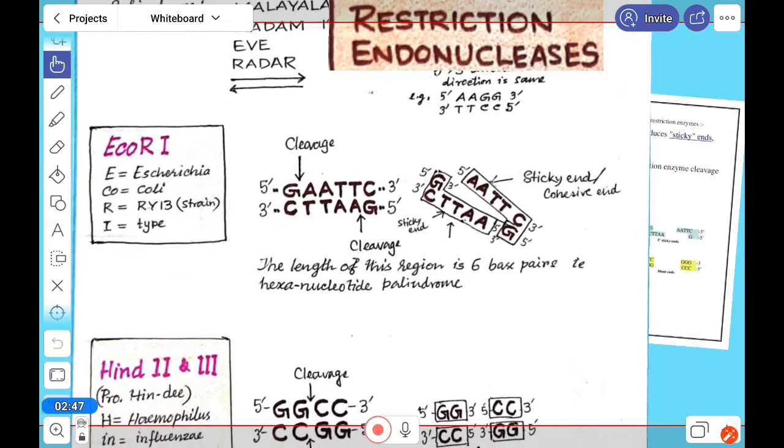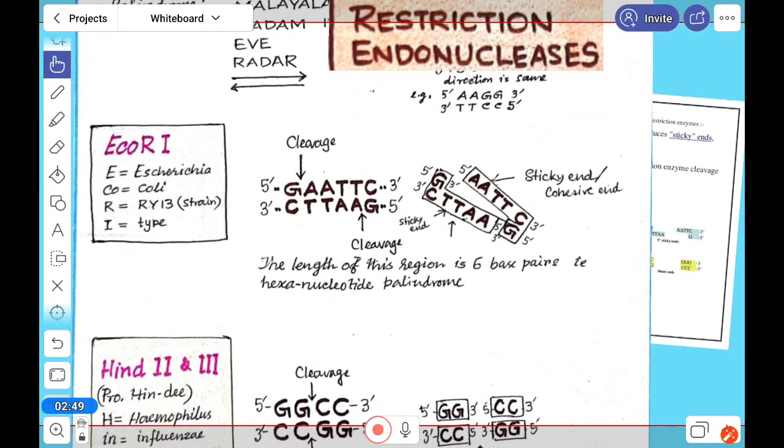If we see how it can cut, the cleavage will form at these palindromic sites. Look here, and after that it will cleave in this way. See that it is cleaved in this way, and this part is called the sticky end or the cohesive end.